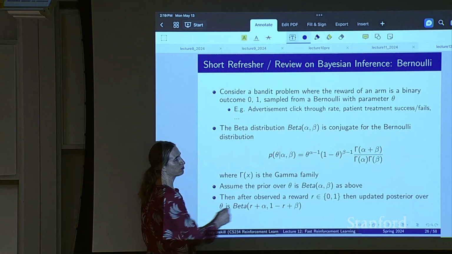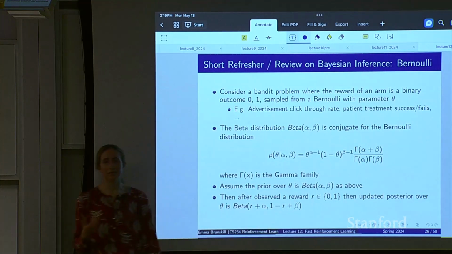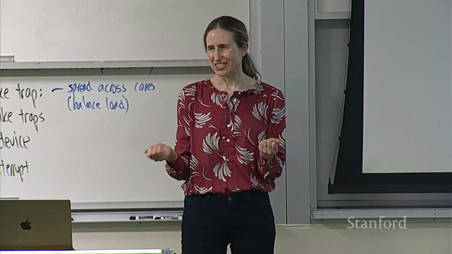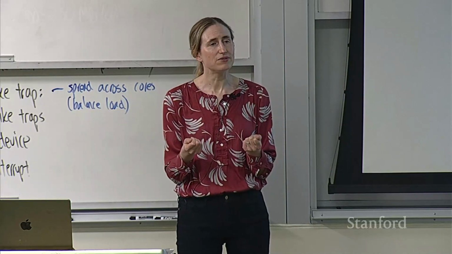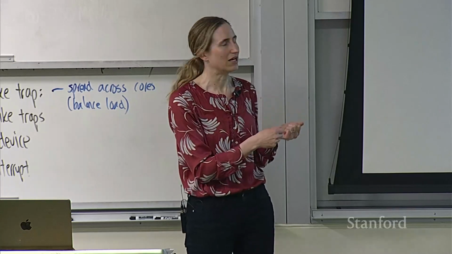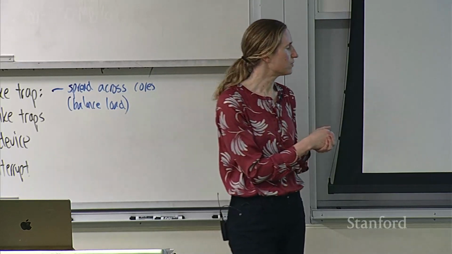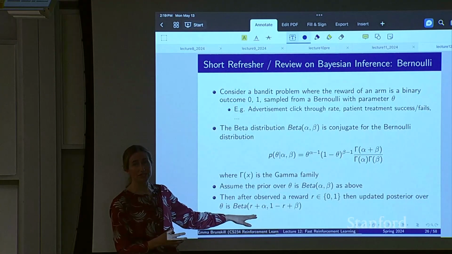It's like you increase the number of successes. If you observe a 0, you increase the second number, like you increase the number of failures. So you can think of the beta as essentially just keeping track of how many heads you got and how many tails, or how many 1s you got and how many 0s. And it can use those to explicitly update what the probability is of your theta. Okay, so it's really beautiful because computationally, that's really easy to keep track of.